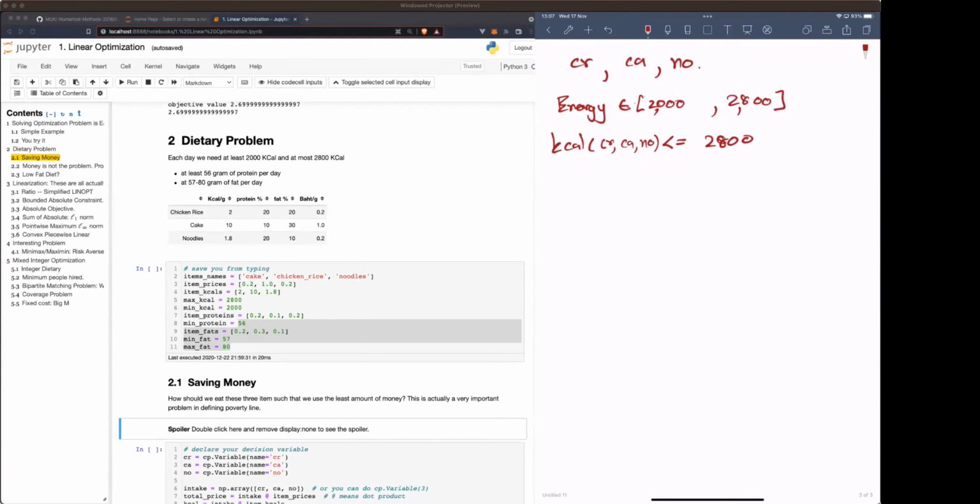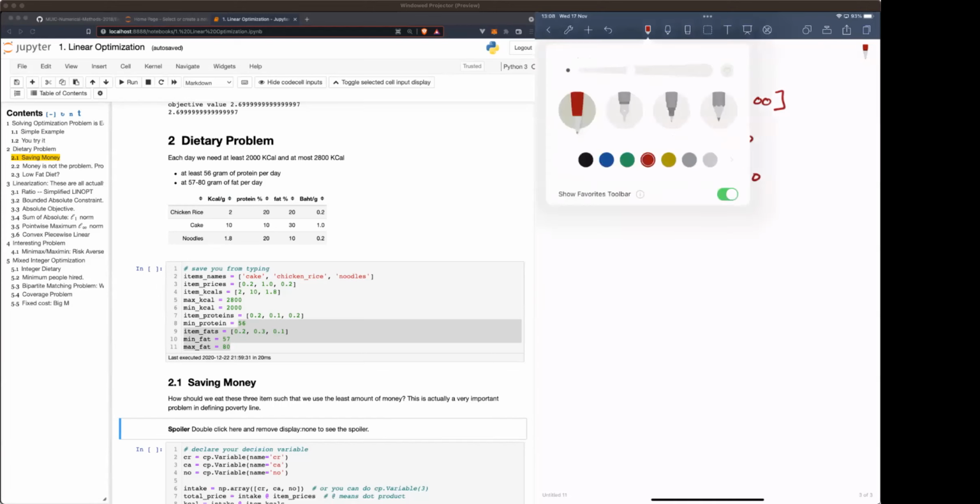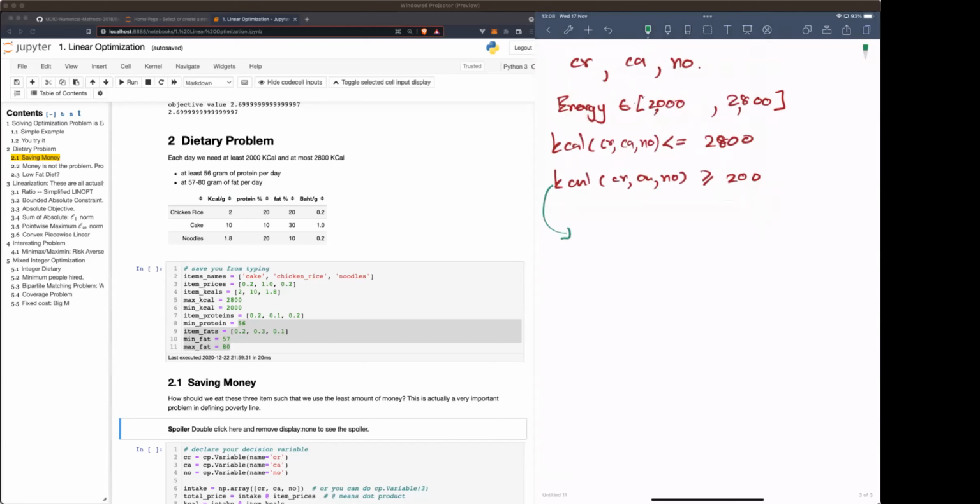We good. So we need to say the kcal and this three-variable function as well needs to be greater than or equal to 2000. So that means, can you tell me how do you calculate the total kilocalorie that you eat? Okay, that's what Adi was suggesting.